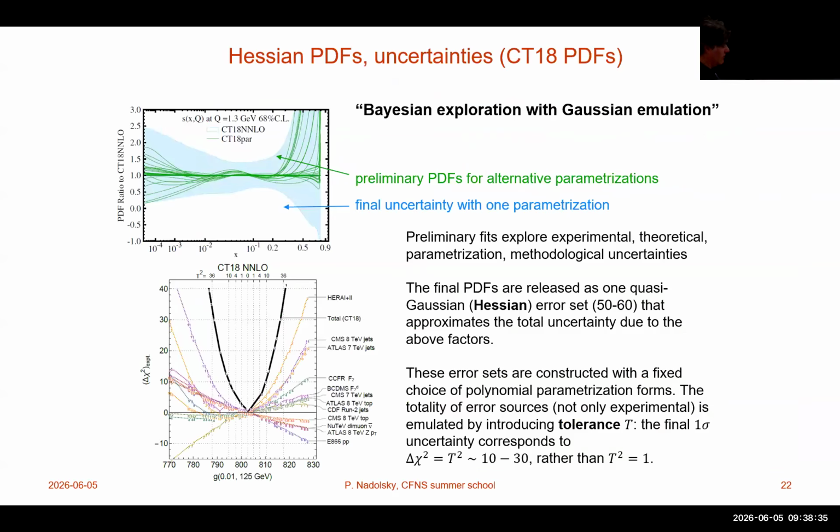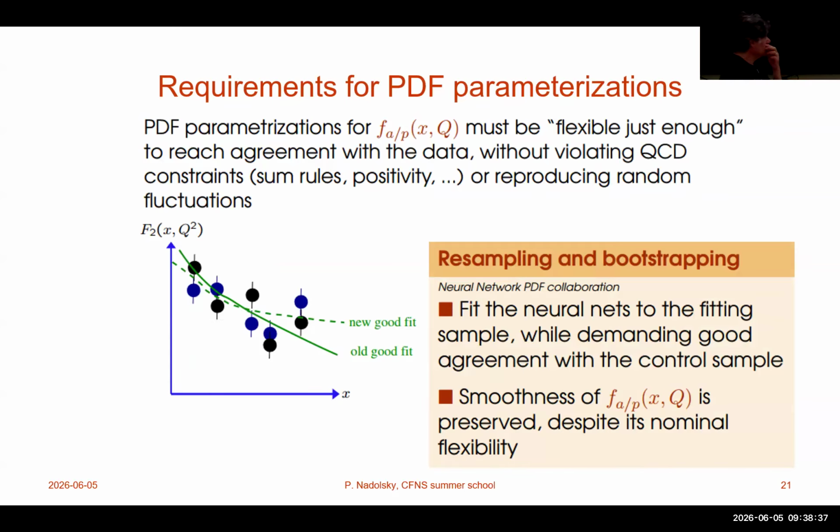Okay. So therefore, what you see is that there are two approaches to parameterize PDFs. One is the traditional approach, and that's what we use within CTEQ. Skipping details, you can describe this approach in terms of information theory as Bayesian exploration with Gaussian emulation at the end.